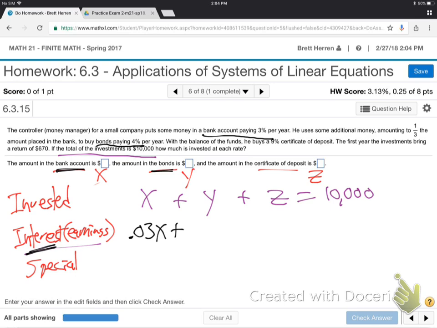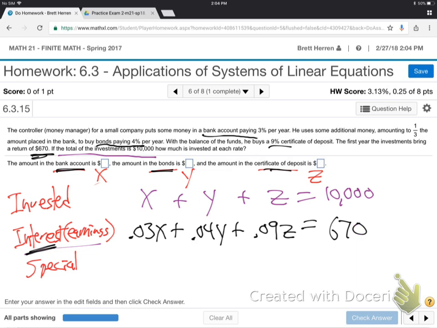Bonds, 4%. And then the Z is the CDs. The CDs are right here. Is it 9 or 5? What does it say? It's 9, right? 0.09. 9% for Z. And what's the total amount of money they made? Right there, 670. Is that making sense so far?